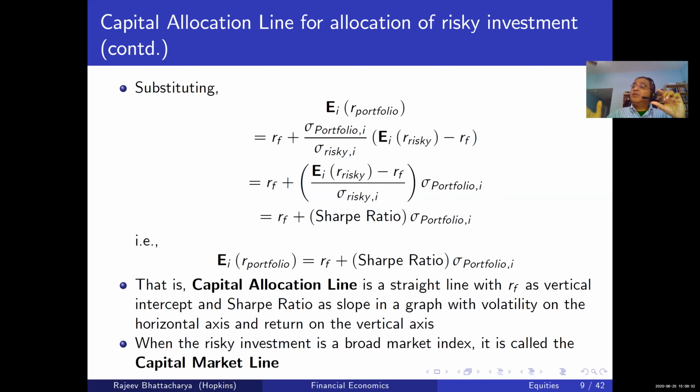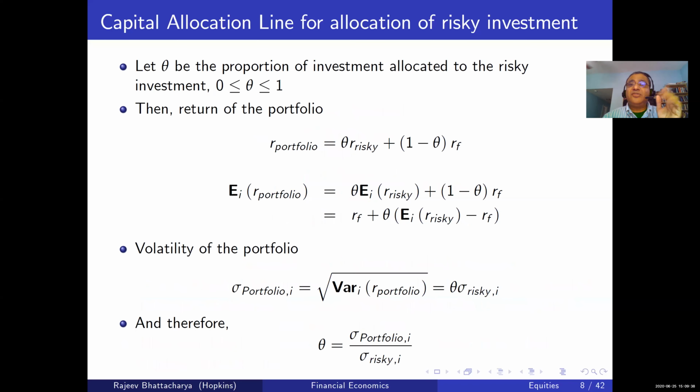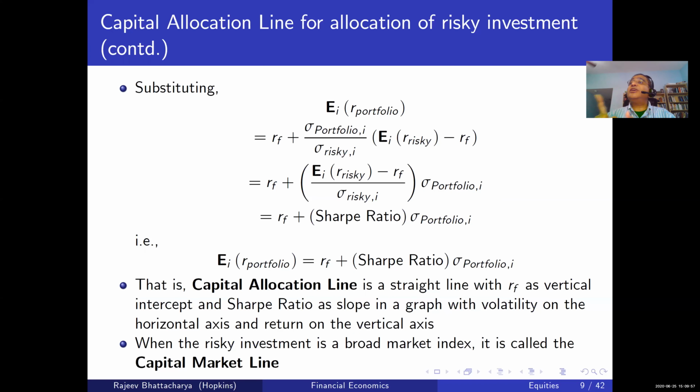All right. Similarly, going back to the previous slide, if your portfolio just consists of the S&P 500 index on one hand and the risk-free asset on the other hand, and theta is the proportion of your investment that you put on the S&P 500 index, then what is the capital allocation line for the S&P 500?